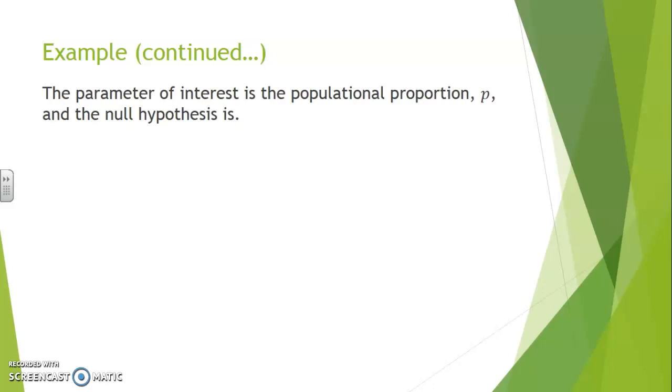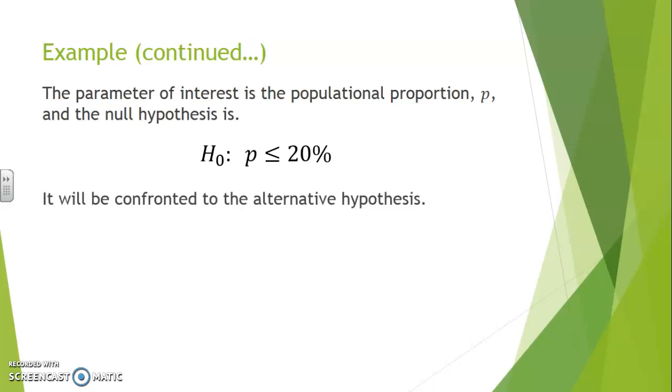The parameter of interest is the populational proportion, p, and the null hypothesis is that p is 20% or less, as we have mentioned that never more than 20% of students have failed more than one class. The alternative hypothesis would then have to be that p is greater than 20%.